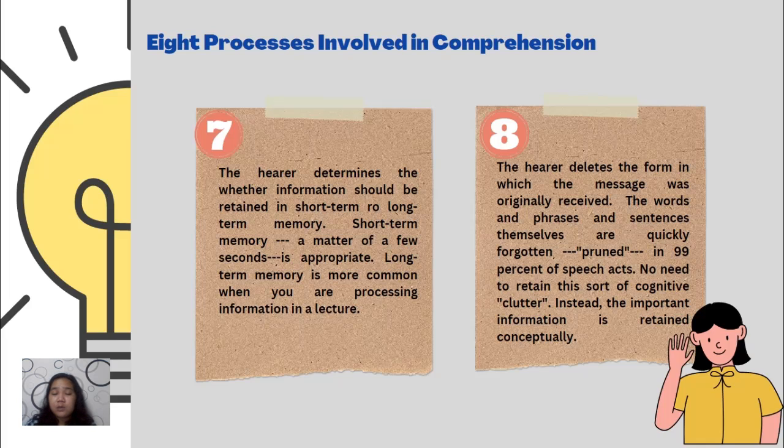Instead, the information is retained conceptually. By pruned, we mean that the original speech was being cut into very important information that we will keep. Have you noticed that as well? We delete the form of the original message, then we retain the message according to what is important for us.